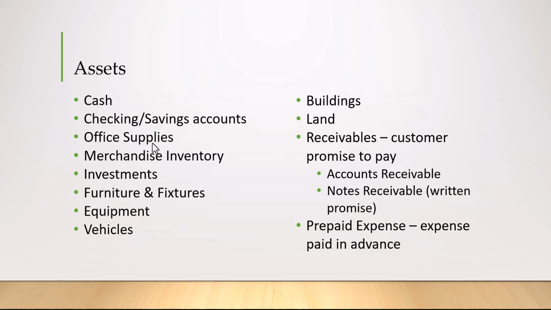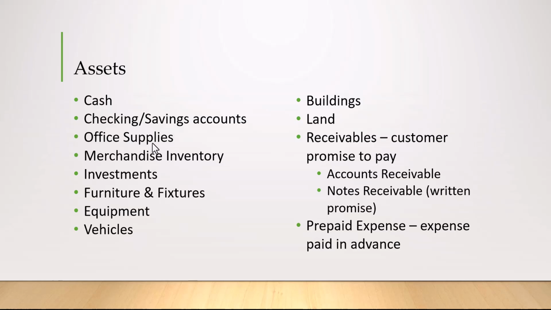Merchandise inventory, that would be the inventory that's in the store or in the warehouse that will be sold to customers. So that is technically an asset when you purchase it, and then it gets expensed when the inventory is sold to a customer. So we'll go over that too, and we will go over some very detailed inventory lessons later on.